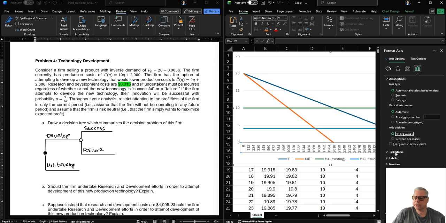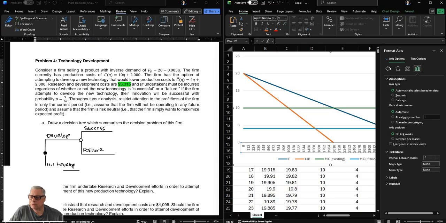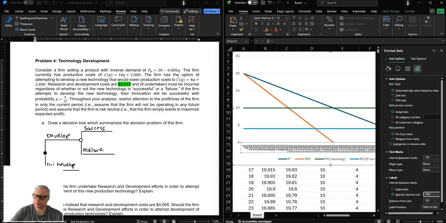definitely on tick marks. Then let's increase maybe the tick marks to, what happens if we do 100, and specify the interval unit to 100. Okay, so maybe let's do 200.